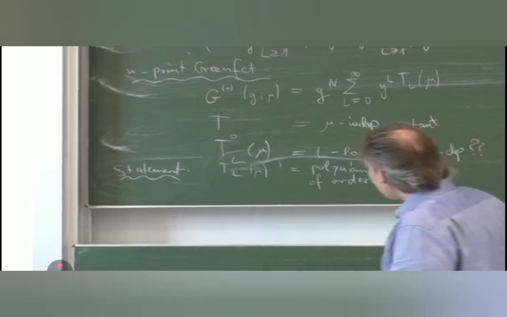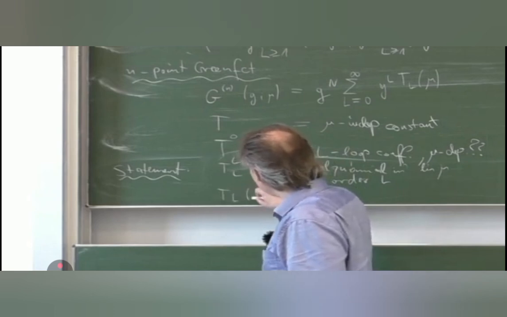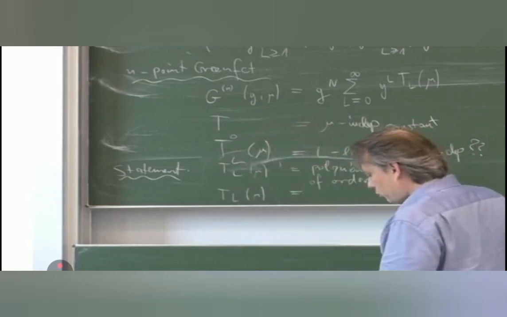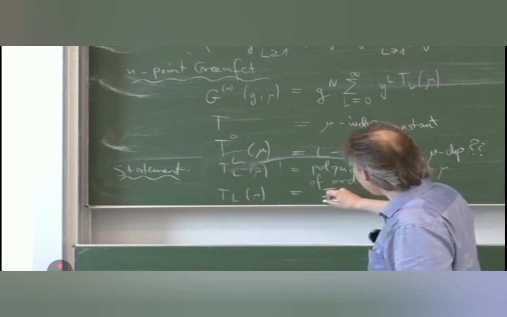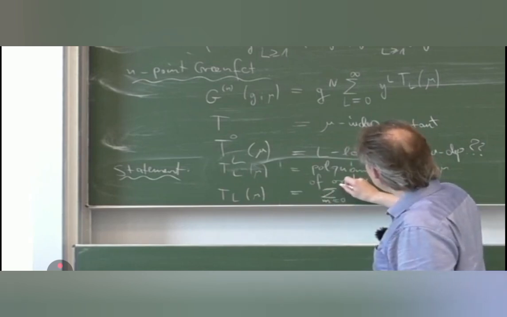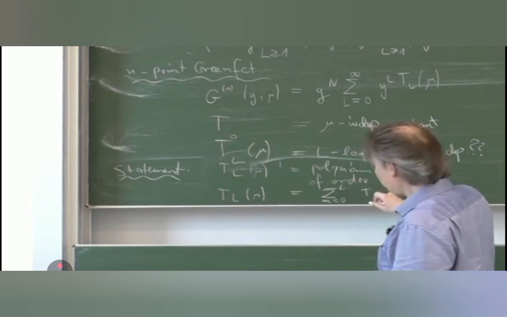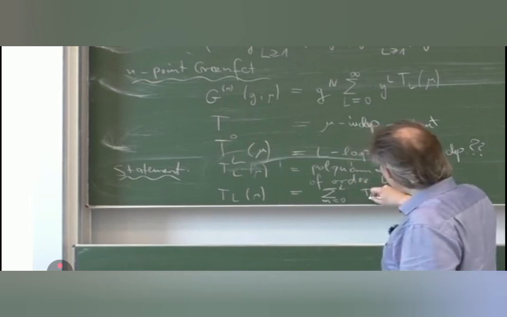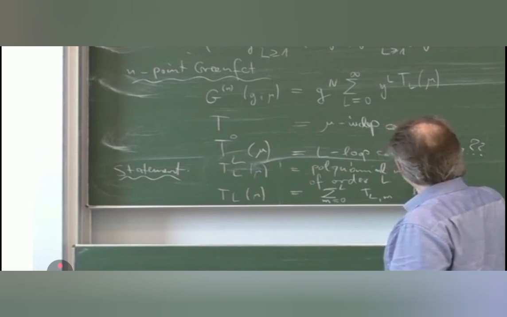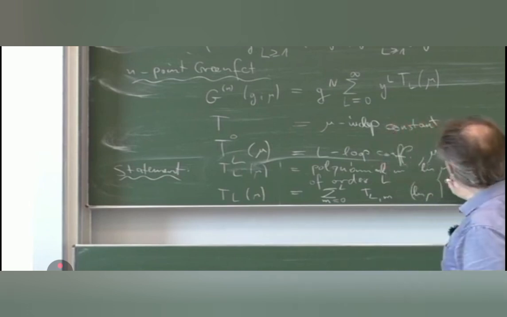So we can write it technically in the following way to make it explicit. G_L, the function of μ, is actually a sum over some index n from 0 to L of coefficients G_{L,n} times ln μ to the power n.